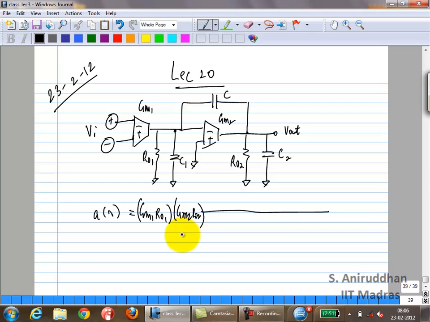Is it going to have any zeros? What is the approximate position of the zero? Approximately GM2 by C. So I'll say omega Z is approximately GM2 by C, but you will calculate the exact value. It probably is going to be very close to this. How many poles does the system have? Why only 2? I see 3 capacitors there.